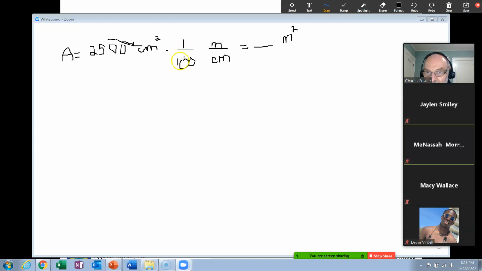But these are squared, so you have to square your unit here, you square your unit there, and you square the number here. That's easy, that's still 1. And you square this number here, and that's much bigger. That becomes 10,000. You double the number of zeros. There were 2 zeros up there, you have 4 zeros now. There is your denominator. That's how many square centimeters are in a square meter.